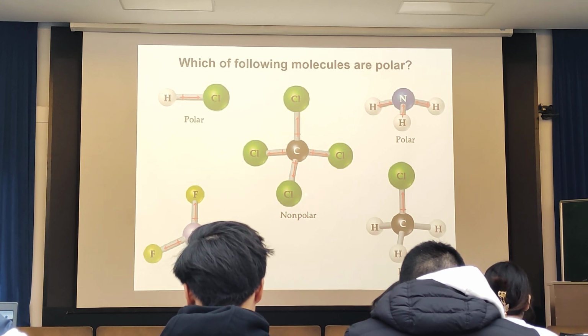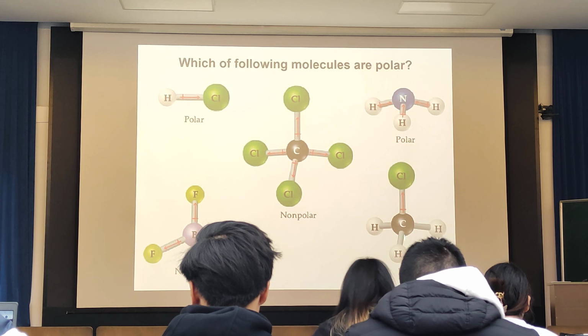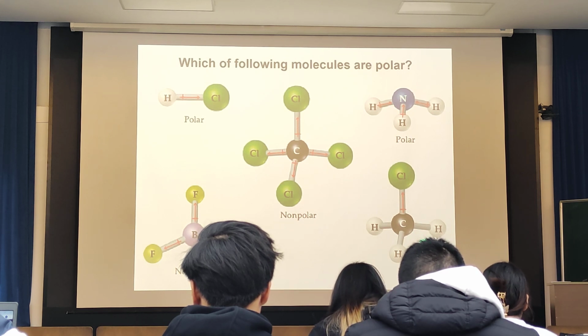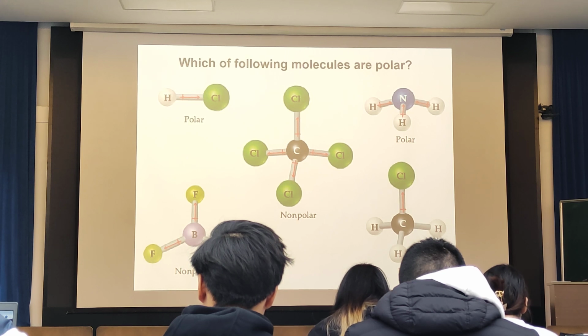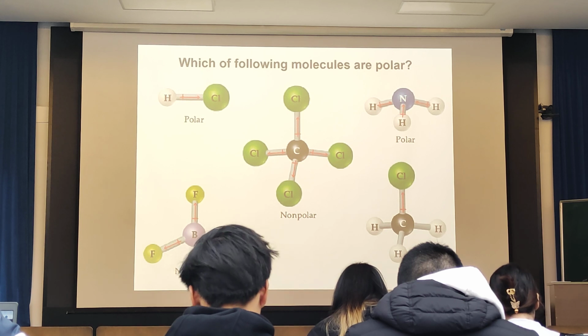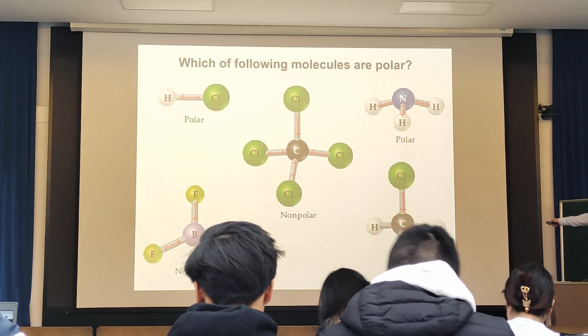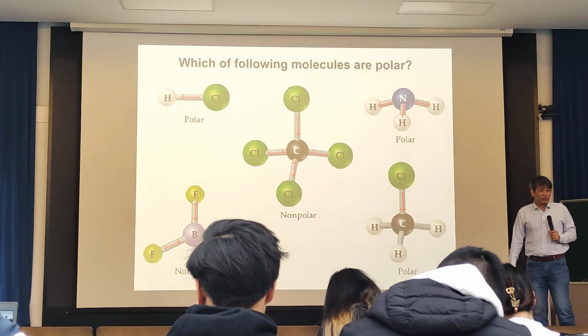The same for this one, it will be non-polar, and this one will be polar because you have three similar items, but the vectors will be different. So if you do vector addition, you will have the total vector of this compound different from 0. The same for the molecule NH3, which is also polar. So it means this compound will be soluble in water.